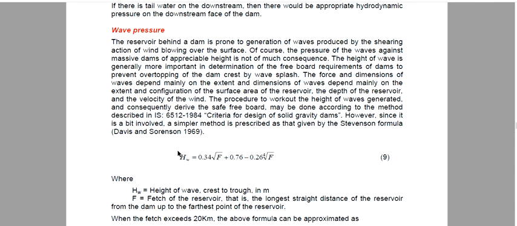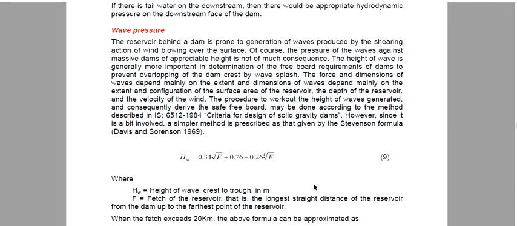The height of wave is given by this formula: Hw is equal to 0.34 square root of F plus 0.76 minus 0.26 F raised to the power 1/4, where Hw is the height of wave, crest to toe.